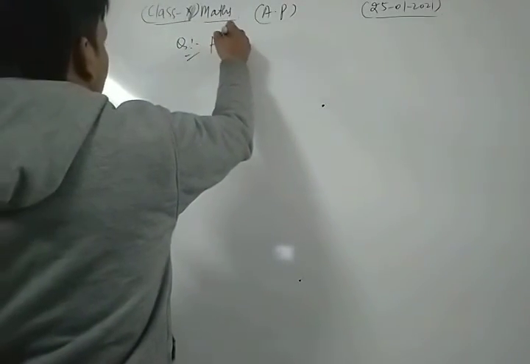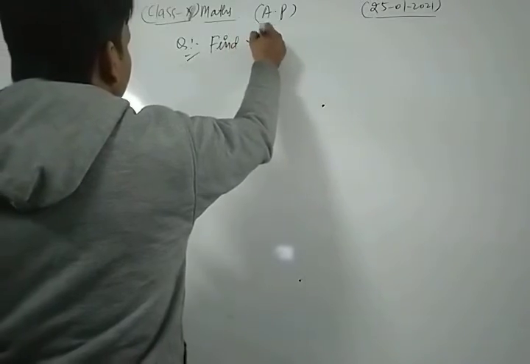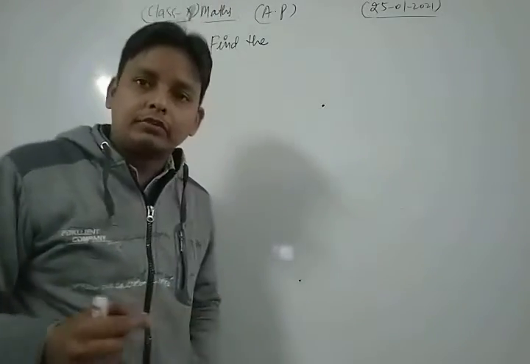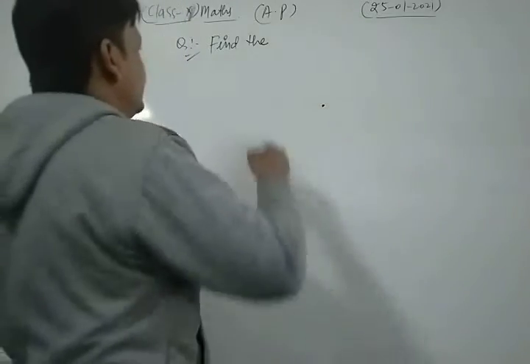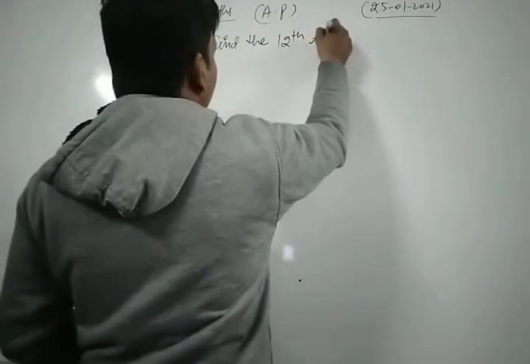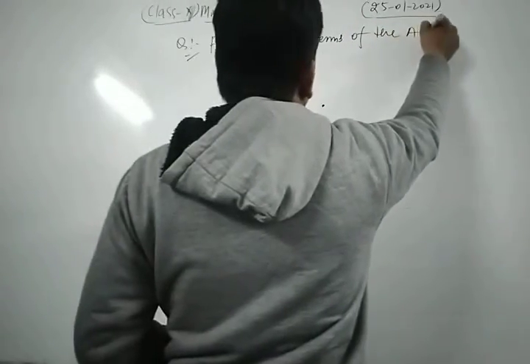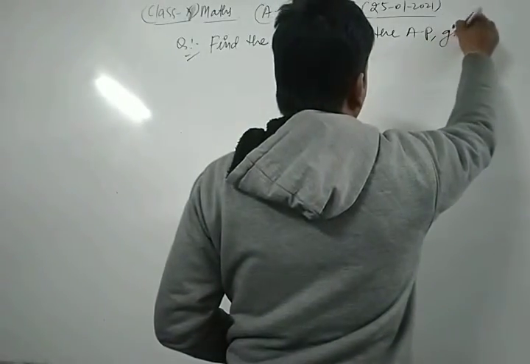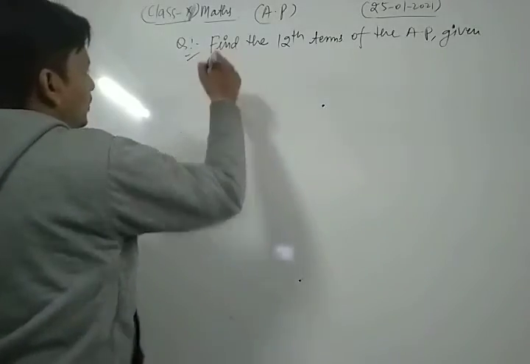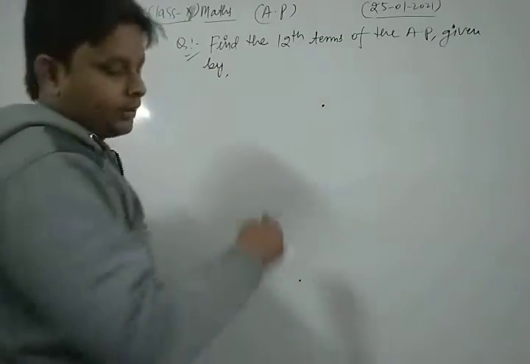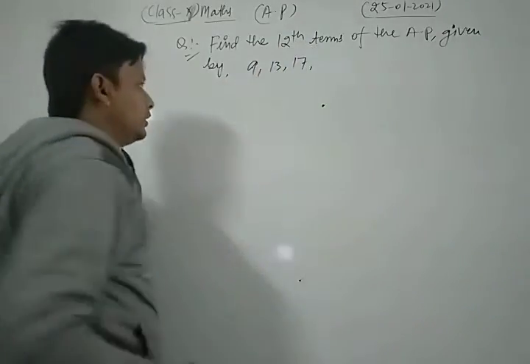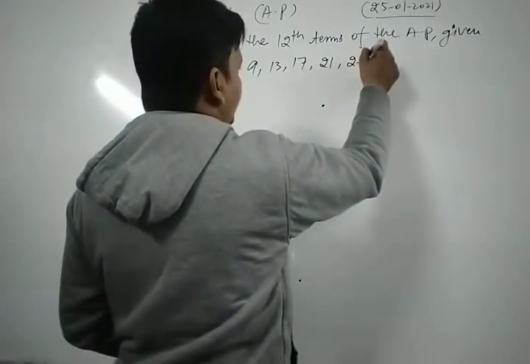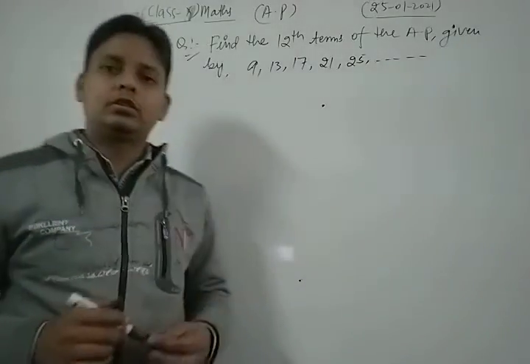Your question is: find the 12th term of the AP, which is given by 9, 13, 17, 21, 25, and so on.